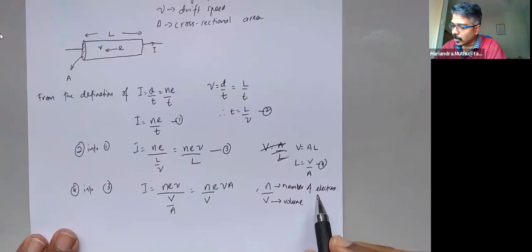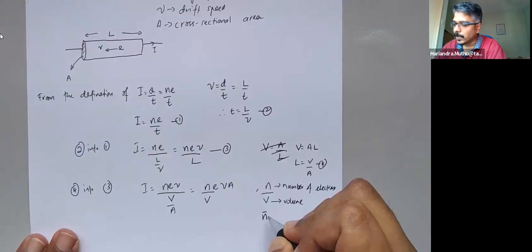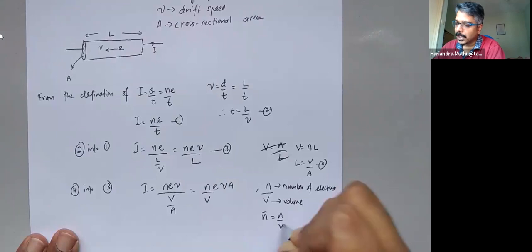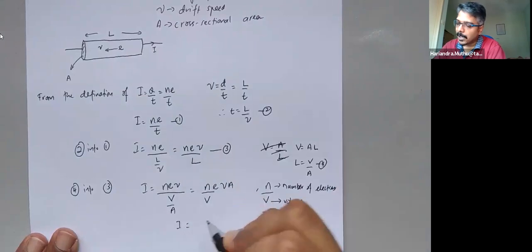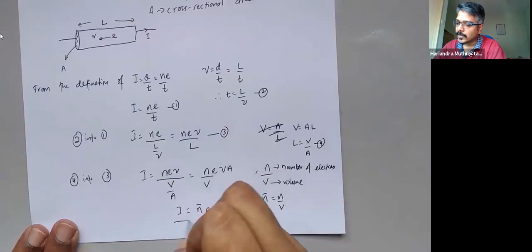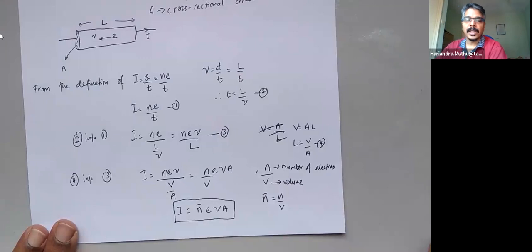Therefore, n-bar, which is the number of electrons per unit volume, is N over V. So this equation becomes n-bar eVA. This is the derivation for the equation I equals n-bar eVA.